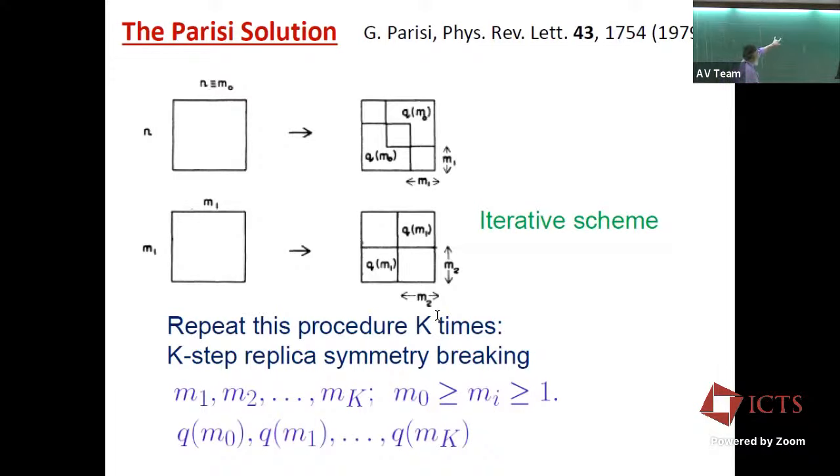This is some interval in 0 to 1, and there is a number associated with that. All of these things will of course become dense as you go to larger and larger levels of replica symmetry breaking.